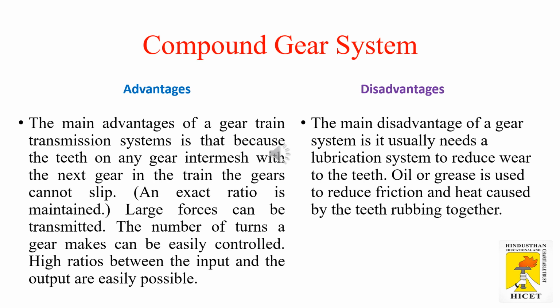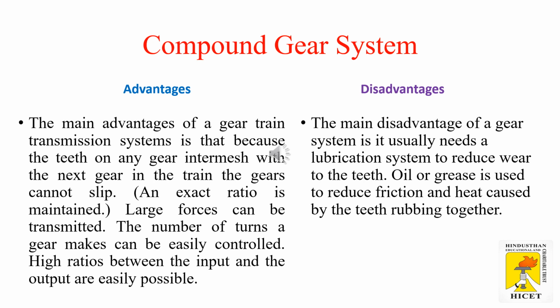An exact ratio is maintained. Large forces can be transmitted. The number of turns a gear makes can be easily controlled. High ratios between the input and the output are easily possible. This is the main, important advantage of the compound gear system.